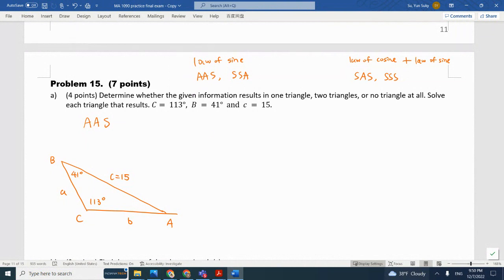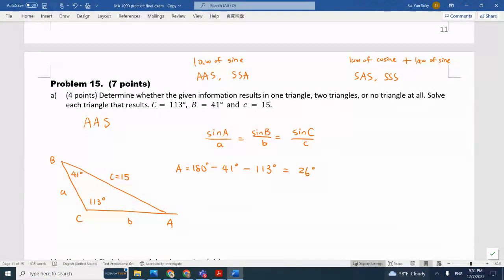So that's why here sine A over a equals sine B over b equals sine C over c. We can find angle A, that's easy. That's 180 degrees minus angle B, 41 degrees, minus angle C, 113 degrees. Use your calculator, you get 26 degrees.